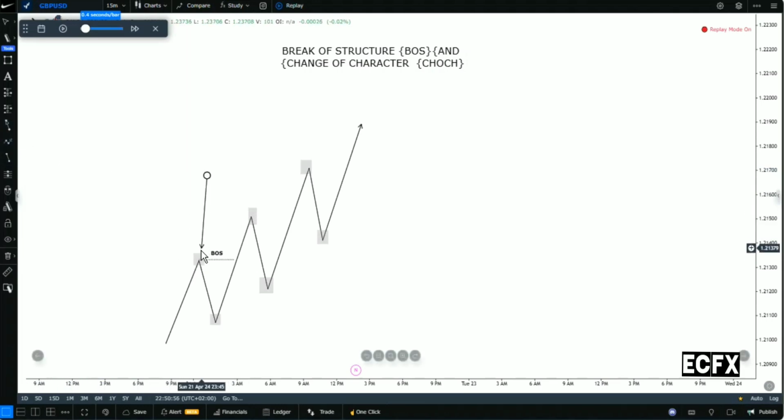So price took out this high by putting in place a new high, and then pushed down and back up, taking out the previous high. That is essentially how we identify breaks of structure. Let me label this a break of structure.